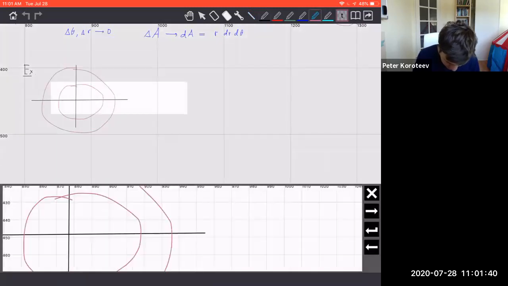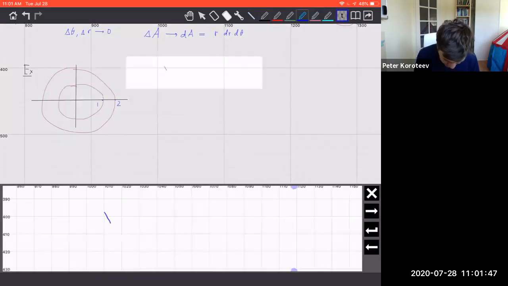So there are two circles of radii 1 and 2, right? And we want to integrate over that. So let's call it annulus A.